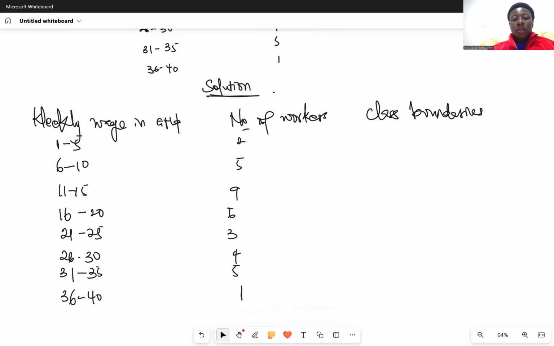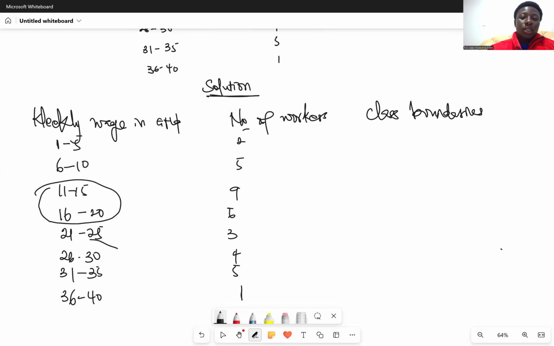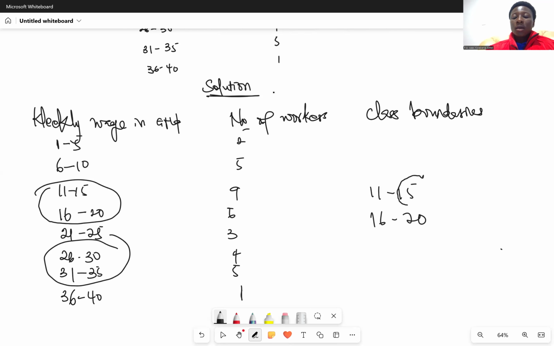Now, the class boundaries, what did we say? I said pick 2 close classes. So you can pick this or you can pick that. Let's say we are picking 11 to 15 and 16 to 20. Find the difference between the upper class limit of the first class and the lower class limit of the next class.